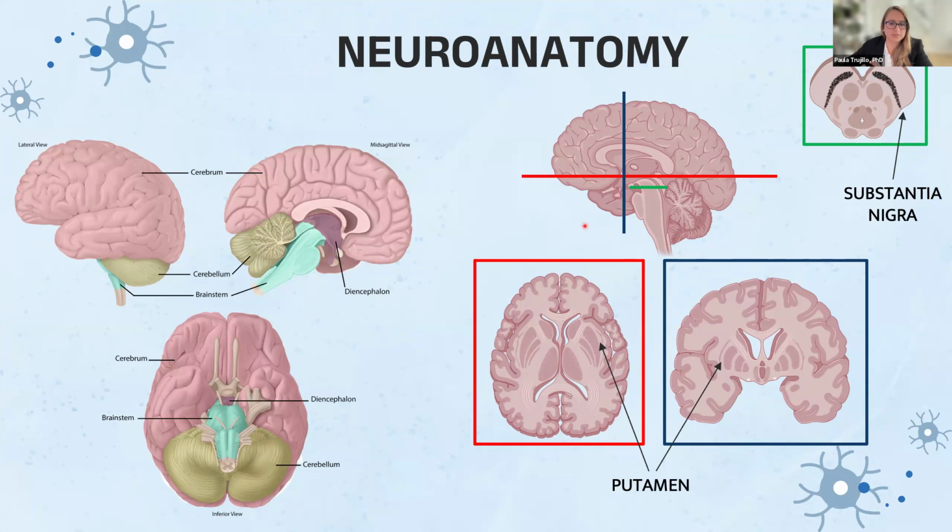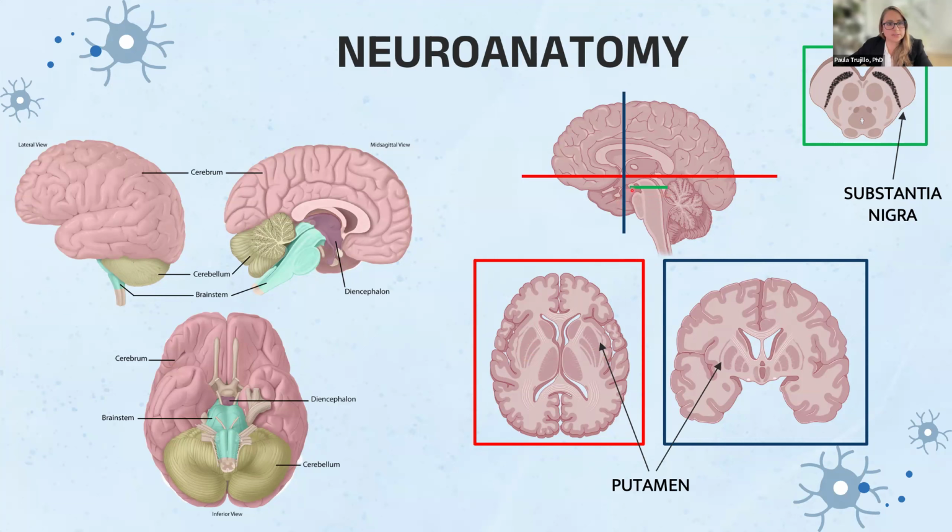The main components of the basal ganglia include the putamen, which you can see here on this axial slice and here on the coronal slice. We also have the globus pallidus, which is right next to the putamen. And the other important structure is the substantia nigra, which is located in the midbrain.